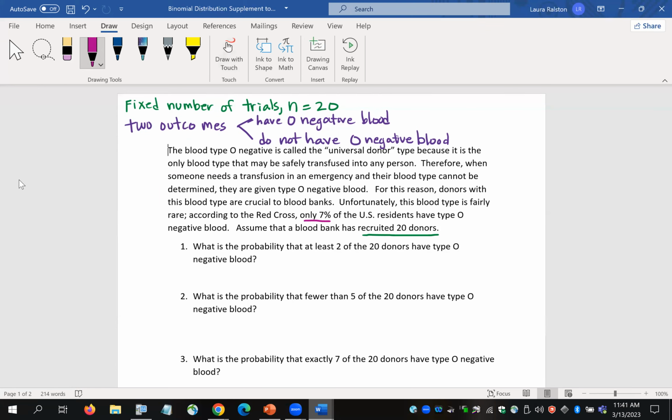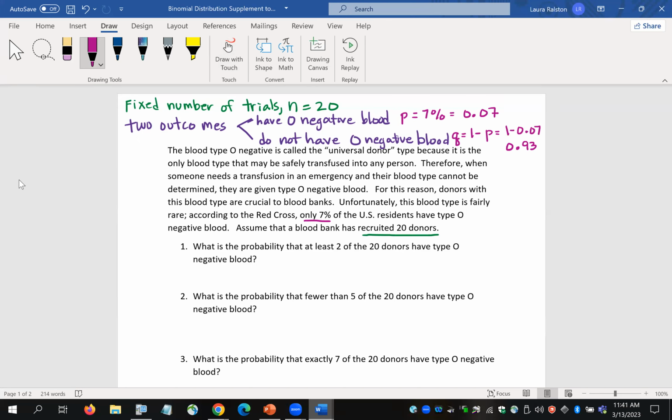So the probability that they have O negative is 7%, written as a decimal is 0.07. That means the probability they don't is 1 minus p, or 1 minus 0.07, which is 93%. So there's a 93% chance that they don't have O negative.